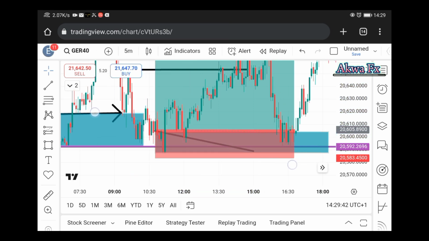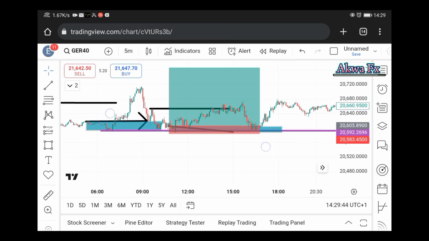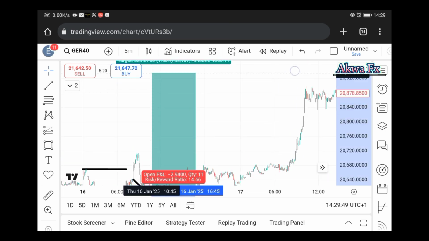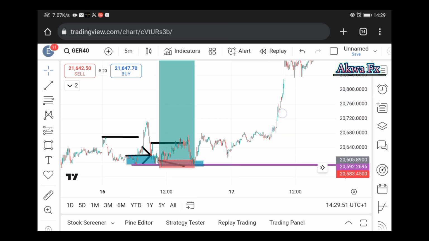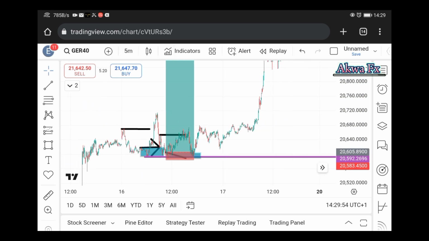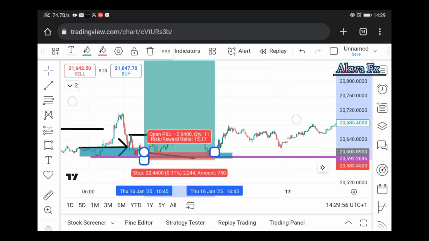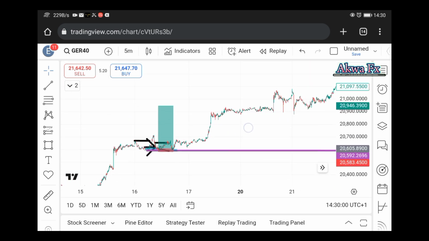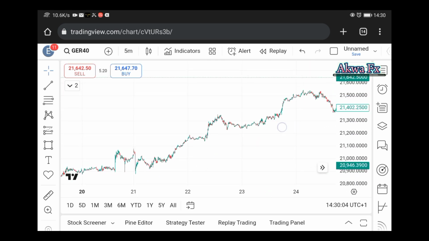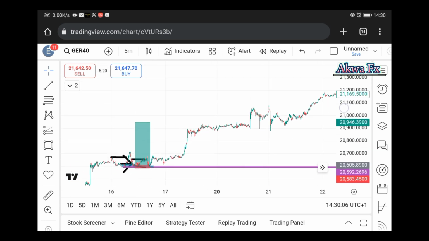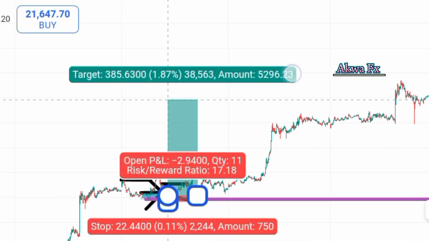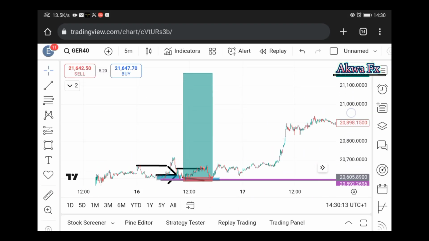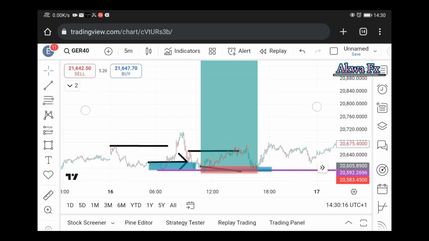That is how you place your trade on your 5 minutes, and you target a bigger RR. So this is how you are going to trade this setup. That can give you 1 to 15 and more, because liquidity grab always gives you a bigger RR. You can see since that time the market has rallied with very high volume. So this is how you can trade this very liquidity grab.